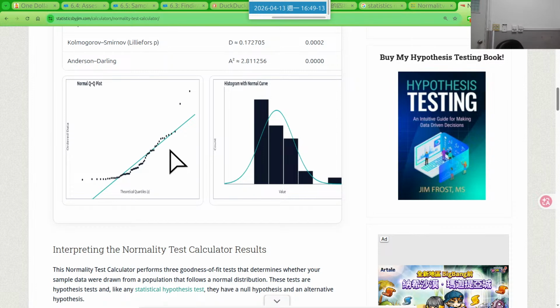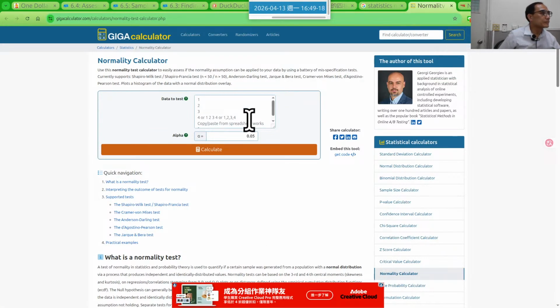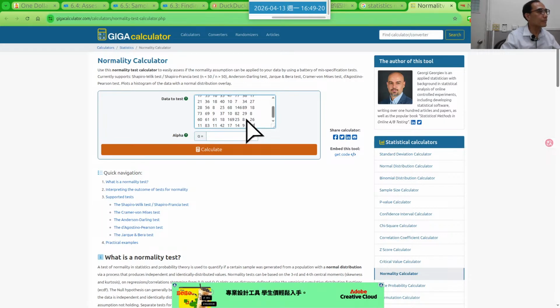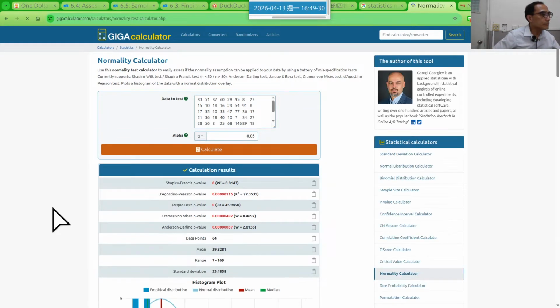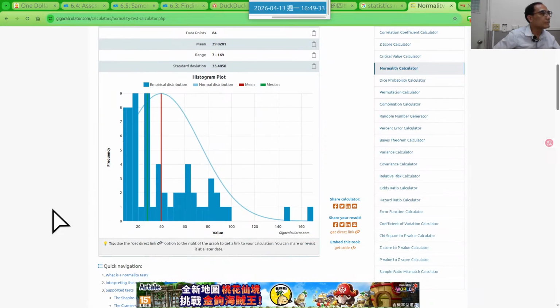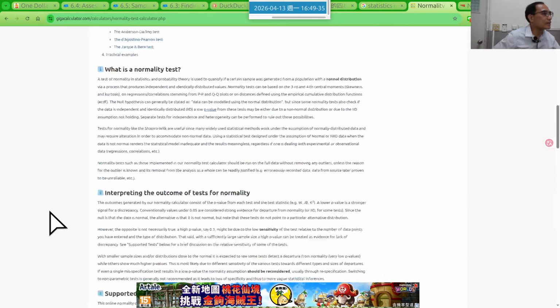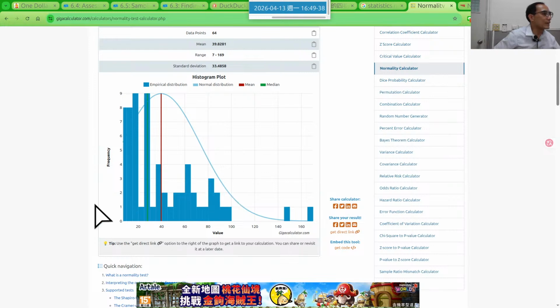You can try this in the next software. The second website shows similar results. The bars look not normal, very strange, and those two values we consider outliers.